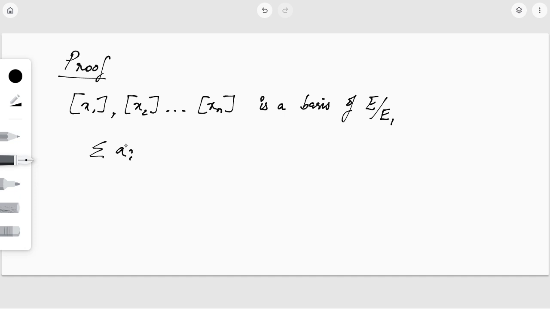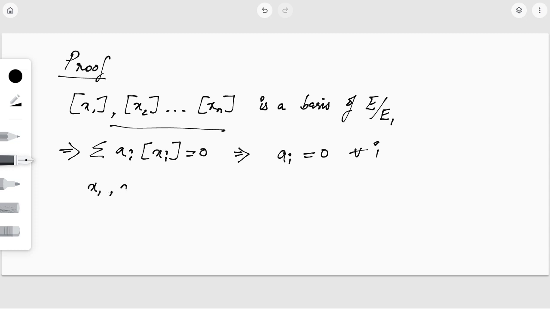We can write that summation ai coset xi equal to 0 implies each ai is equal to 0, because this set forms a linearly independent set. Now using this, we are going to show that the set x1, x2, etc., xn are linearly independent.